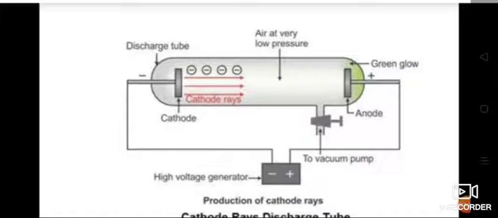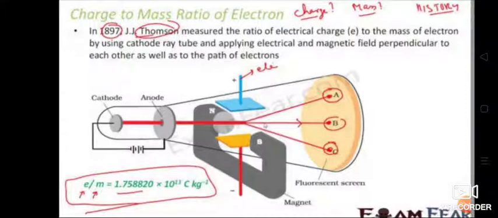Around 1897, J.J. Thomson took this experimental setup of the discharge tube and found the value of the e/m ratio. So in 1897, J.J. Thomson measured the ratio of electrical charge to mass of the electron using this apparatus.